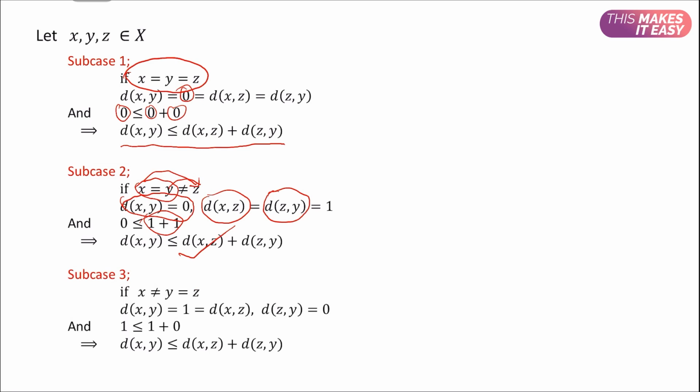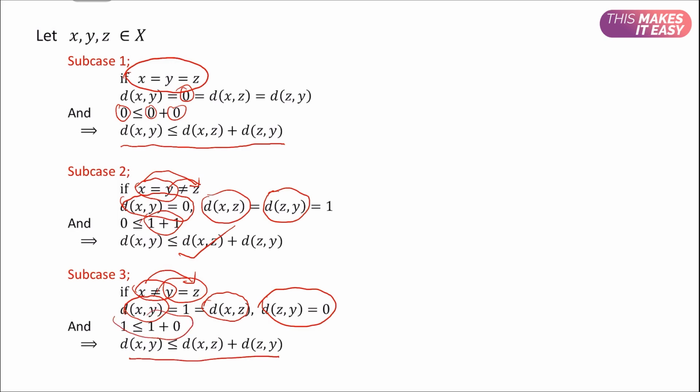In the third case, x is not equal to y, and y is equal to z. If x is not equal to y, then the distance will be 1. And x is not equal to z as well, so their distance also will be 1. But y is equal to z, so their distance will be 0. So basically 1 is less than or equal to 1 plus 0.